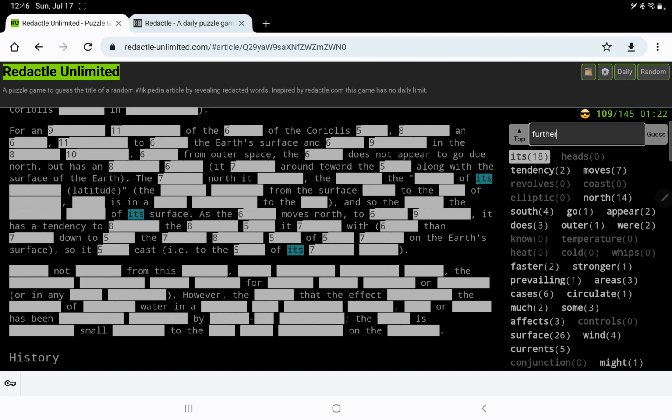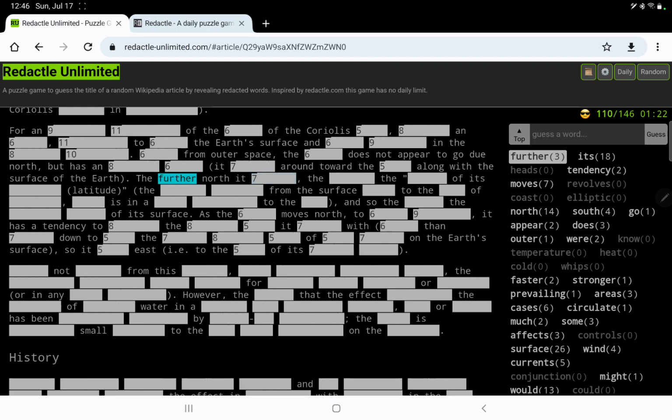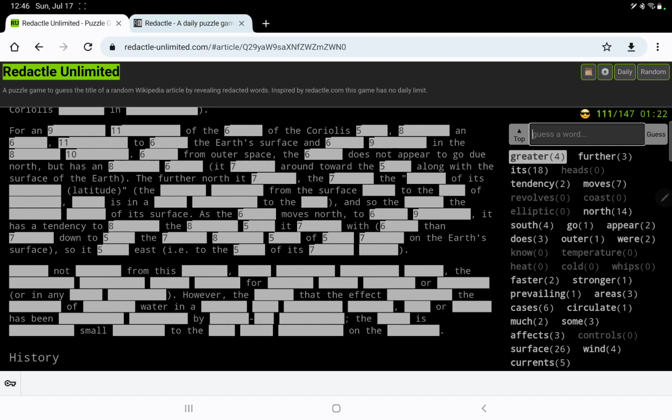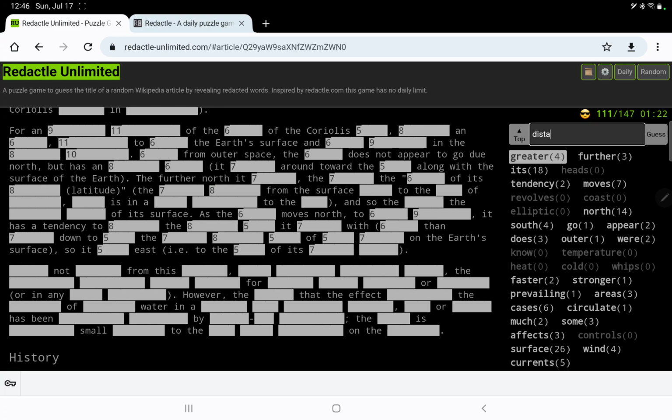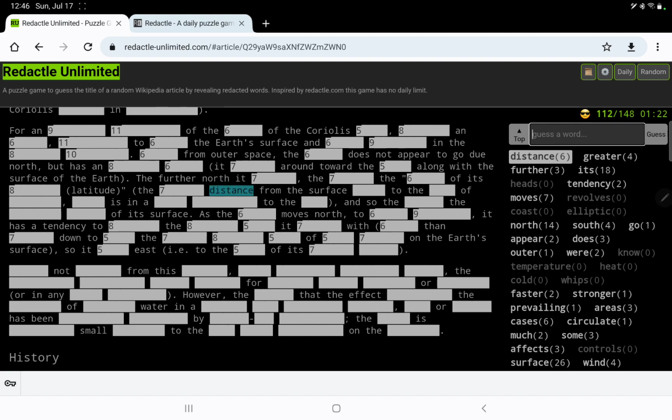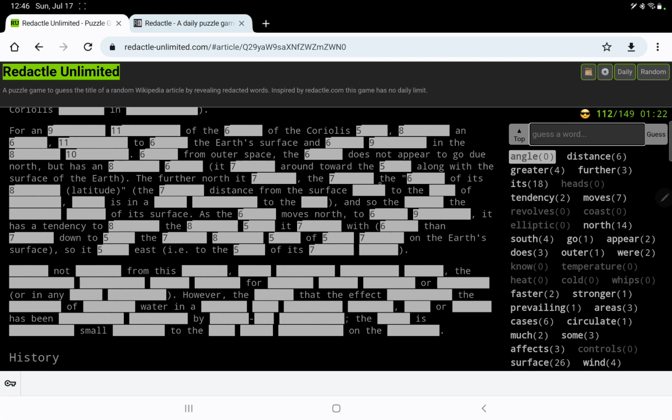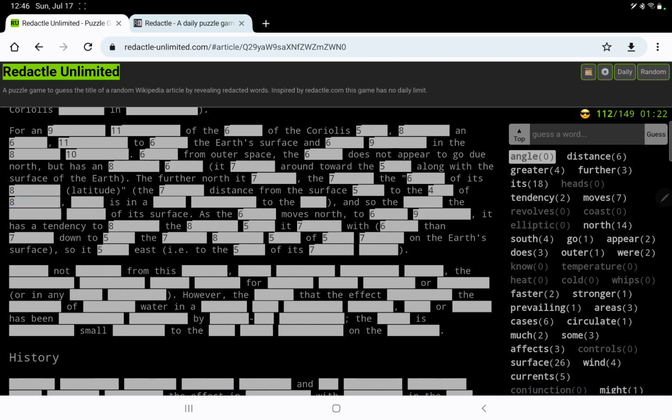the further north it something, I think I did greater way back, yeah, the something, the 6 of its 8, and then in parentheses latitude, the distance, the something distance from the surface, angle, no, oh my goodness.